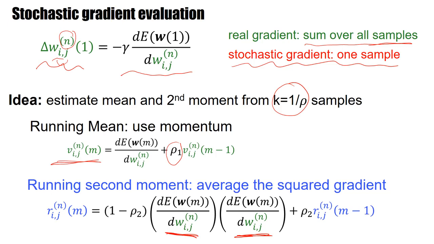So if you think about this, it could be a matrix where I multiply different weights, a weight Wij in layer N, a Wkm in layer L, but that's not what I do. This is more like a diagonal element of this matrix. So we just square the individual gradient elements, and then we do again an online average of this squared gradient with a parameter rho 2.